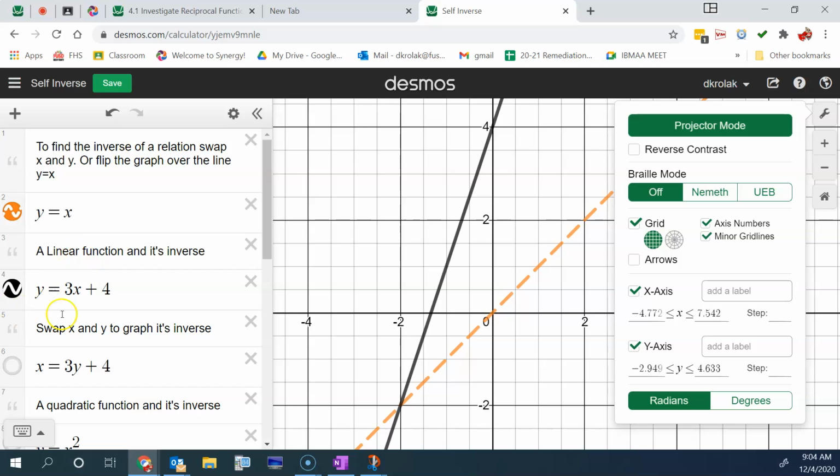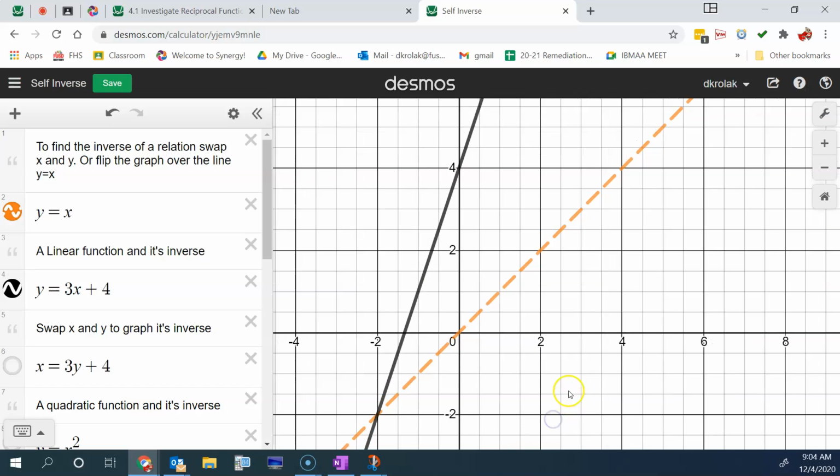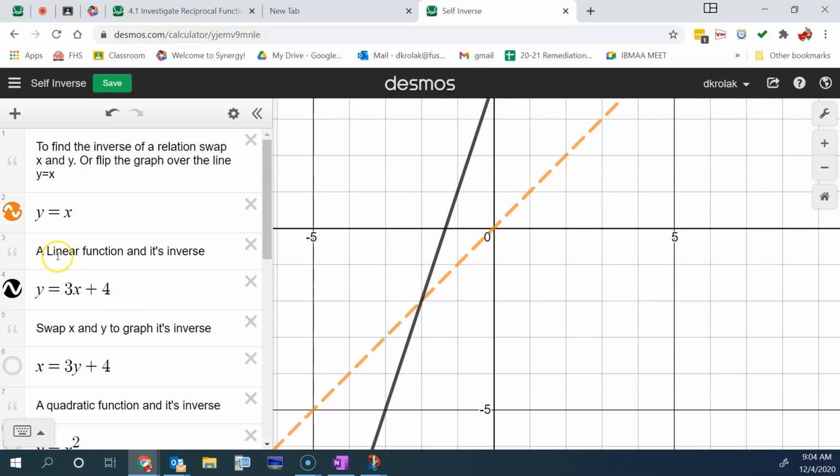That's a linear function because when you graph it, it's a line. Now, to write the equation for its inverse, all I'm doing is I'm just switching x and y.